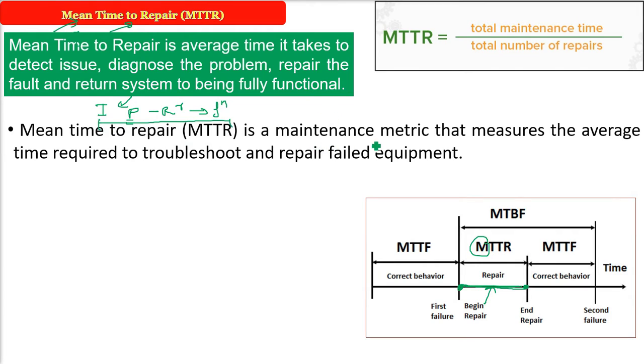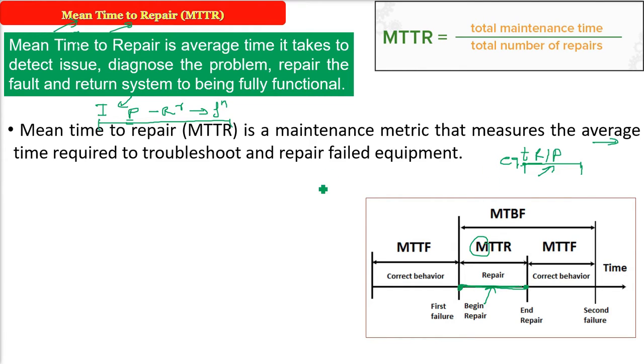Please remember, it is a maintenance metric that measures the average time, not one time, but we have to find various times and take the average, required to troubleshoot and repair failed equipment. So this is all about the time needed for repairing. You can understand it like this: MTTR is the total maintenance time divided by the total number of repairs.